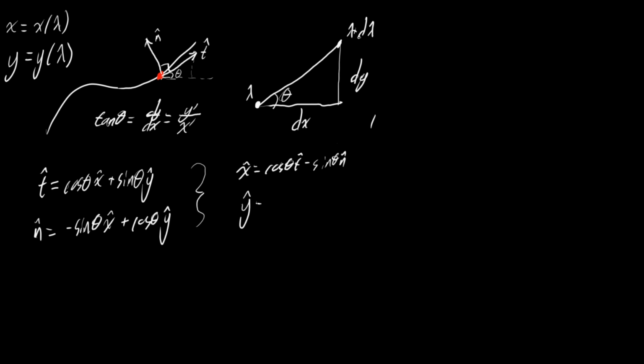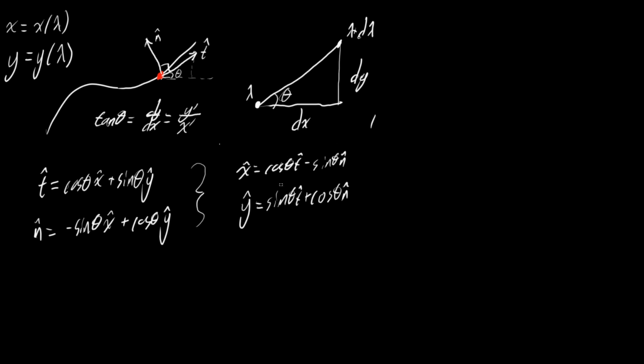We get y hat is equal to sine theta t hat plus cosine theta n hat. That's very bad handwriting, I apologize. So these are going to be our relationships we are going to substitute in.